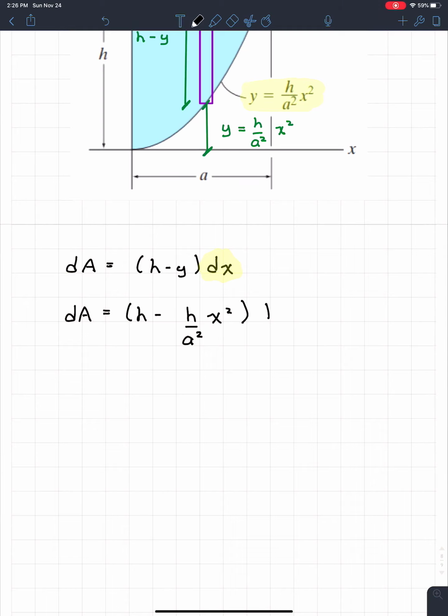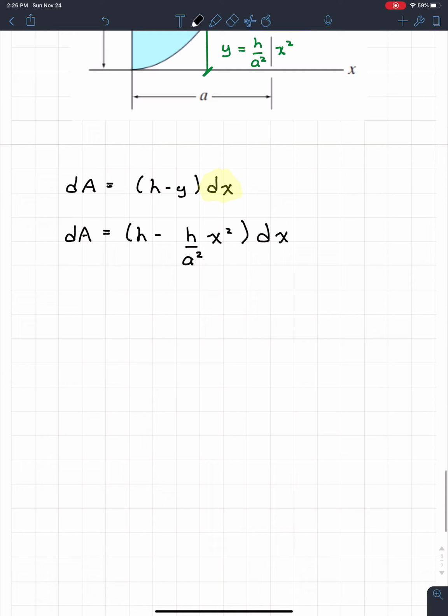And then this is going to be, oops, I was about to put dA again, but this is dx now. So now it's a little bit nicer because we already have everything there. It's all in terms of x. We have no y's. But again, we have that minus sign, and that minus sign just creates extra integration. You want to try to avoid that as much as possible.